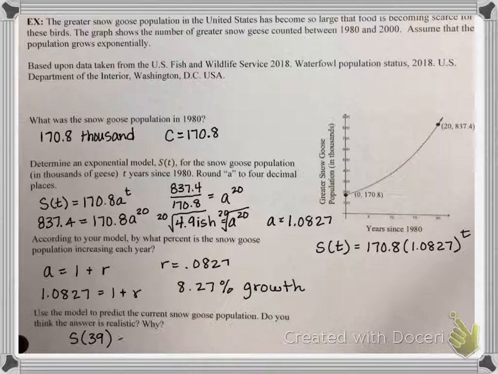What'd we get? It's pretty big. 3,787. And then that's 1,000, so, well, I shouldn't do it that way.